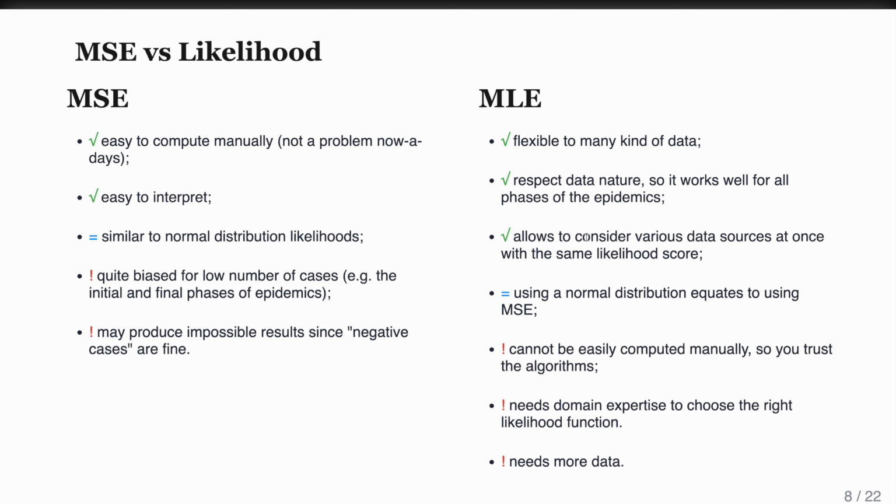It also allows you to consider different data sources, because you always have a probability out of it. So you can join these probabilities together and have one unified score, even if the data sources are very different from each other. This is not the case for mean square error, in which you need to find a score which is on the same scale between the different data sources in order to join them.